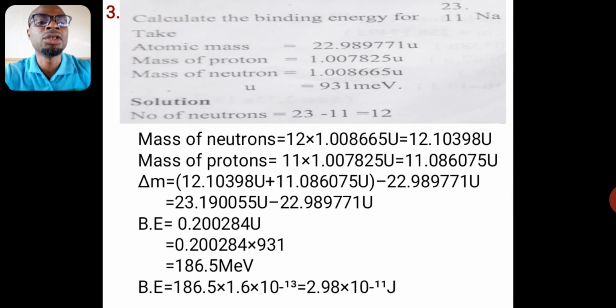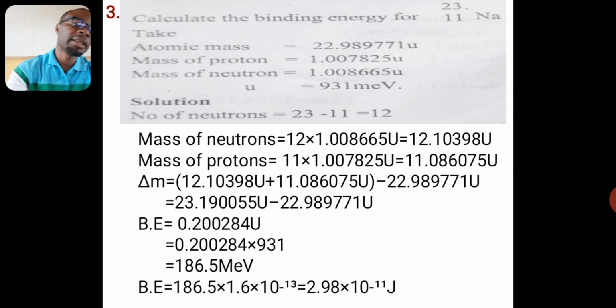Now converting these mega electron volts to joules, the binding energy finally is 186.5 multiplied by 1.6 times 10 raised to the power minus 13, and that makes our final answer equal to 2.98 times 10 raised to the power minus 11 joules. That is our binding energy.